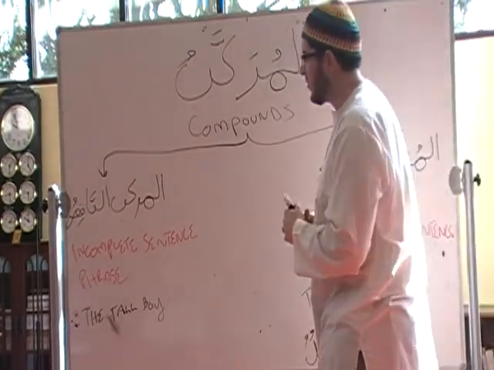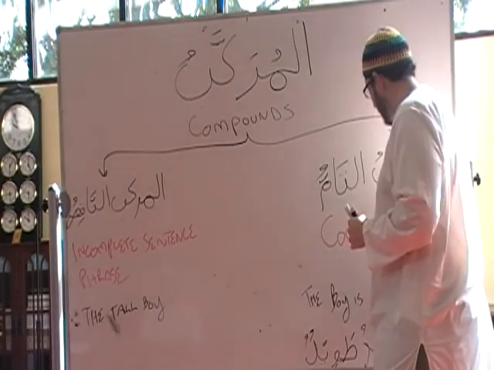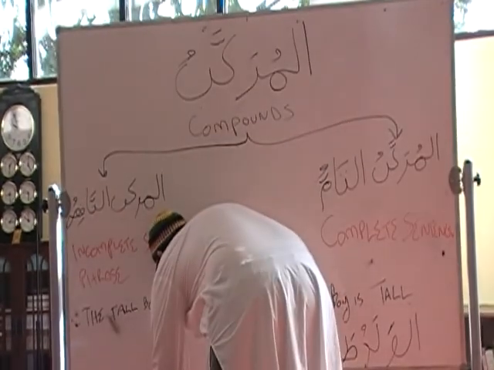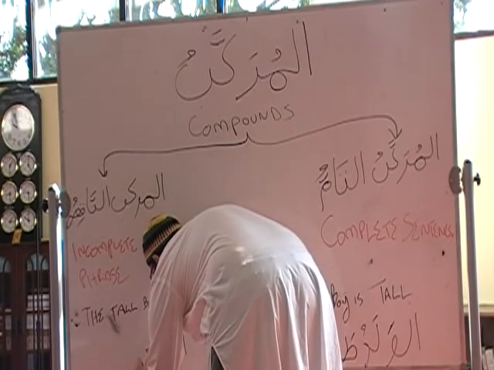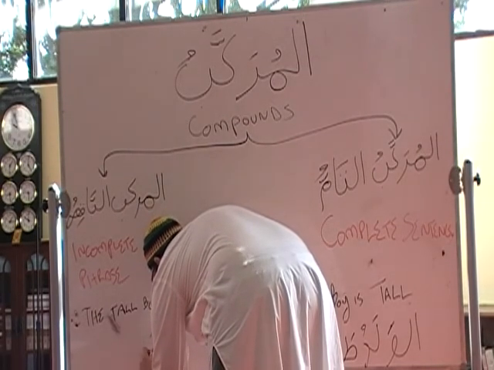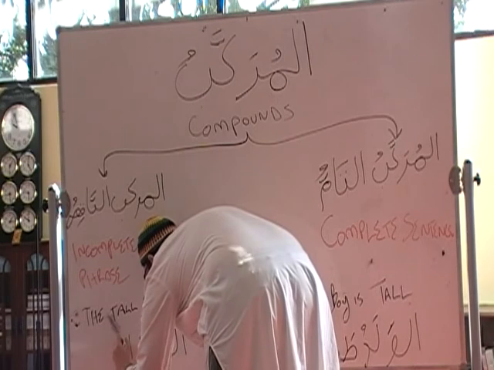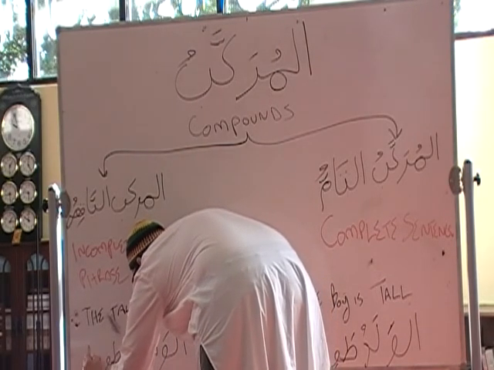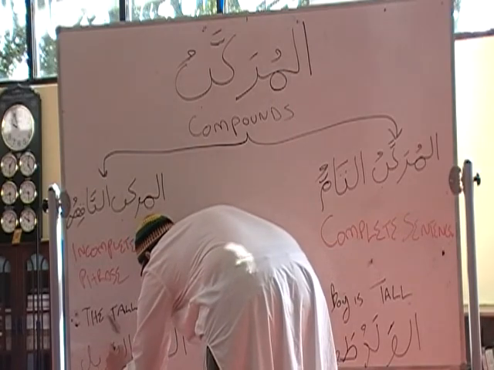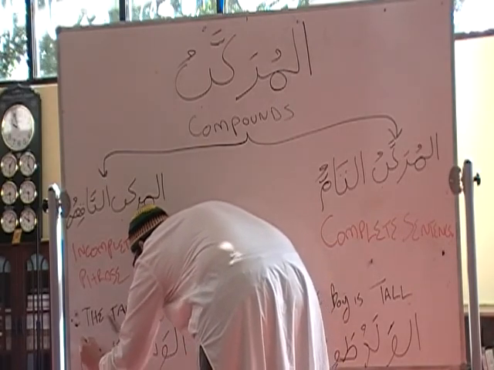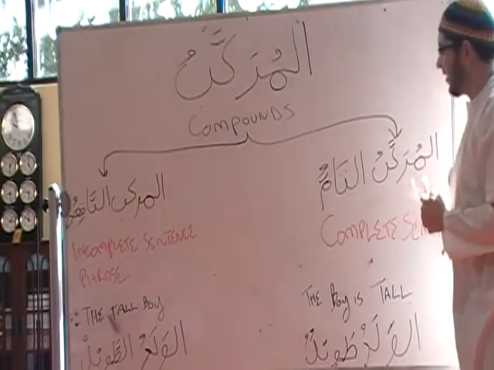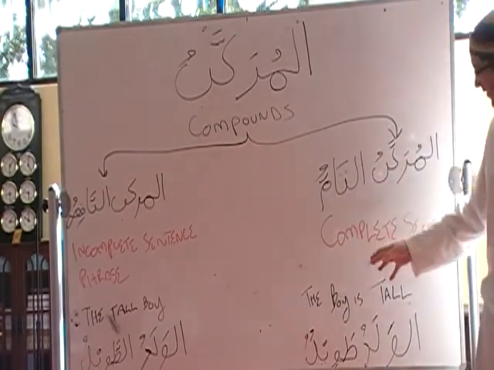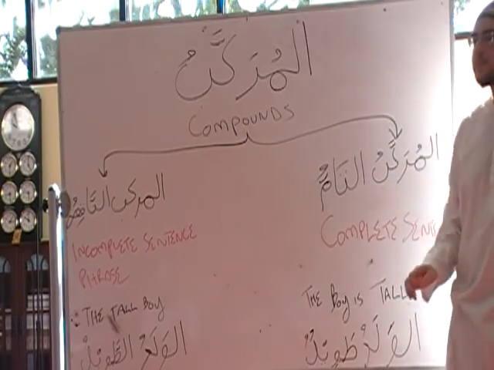So you have to be able to identify the difference between al-waladu tawilun and al-waladu al-tawilu. There are only two differences in these words that make this complete and this incomplete.